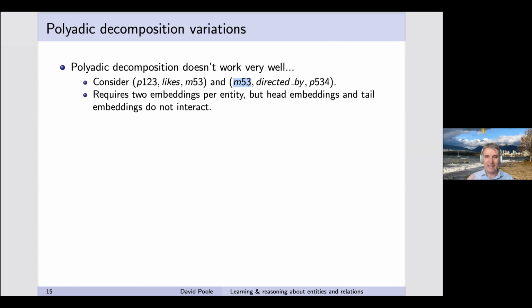And these two embeddings are just completely independent of each other. And so you can't actually learn that P123 likes movies directed by P534. You can't learn that because you can't actually represent it.